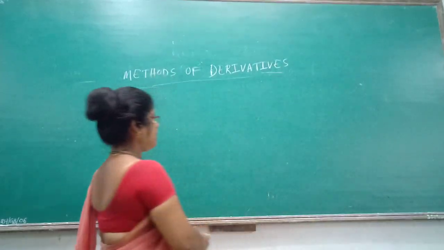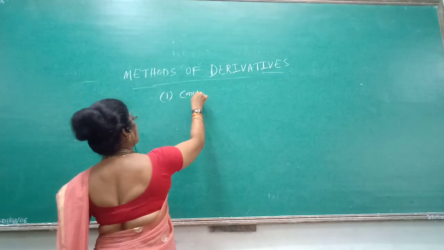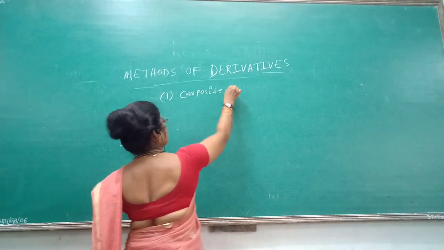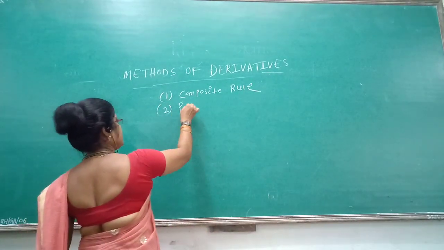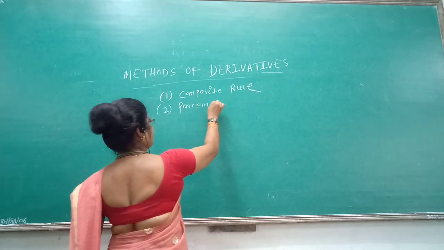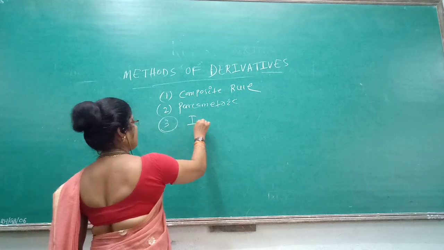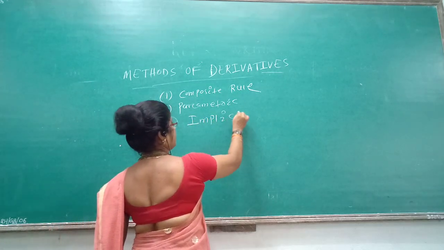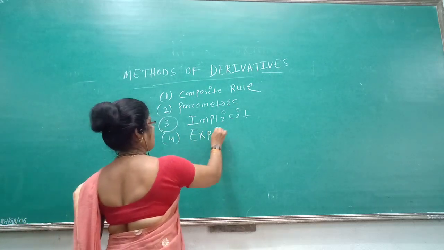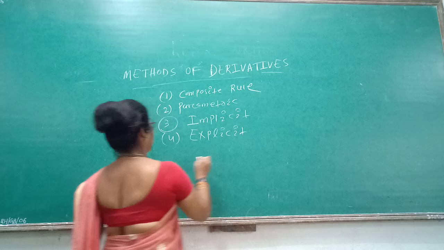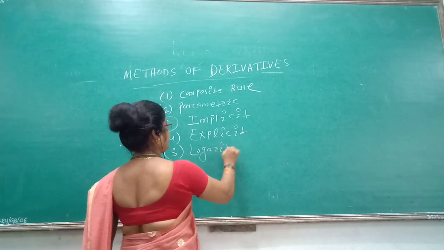So there are several methods. First is composite rule. Next is parametric. Third is implicit. Fourth is explicit. Fifth is logarithm.